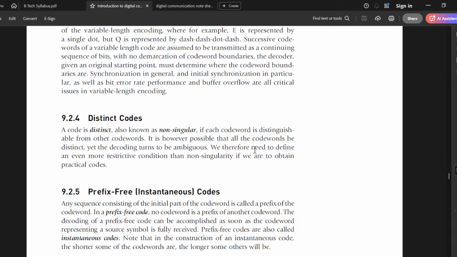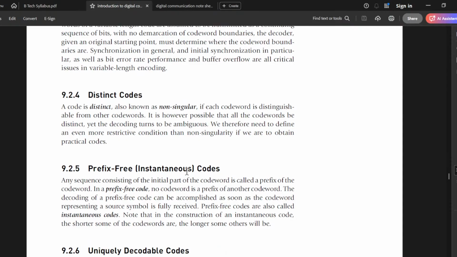It is, however, possible that all the code words be distinct, yet the decoding turns out to be ambiguous. We therefore need to define an even more restrictive condition than non-singularity if we are to obtain practical codes.